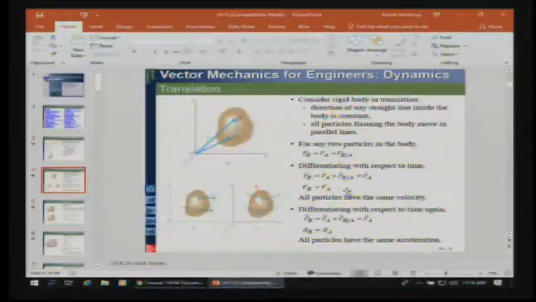So all that's really saying is that you have two points on a blob and it's not rotating, it's just moving in a particular direction, so the velocity of those two points is going to be the same.